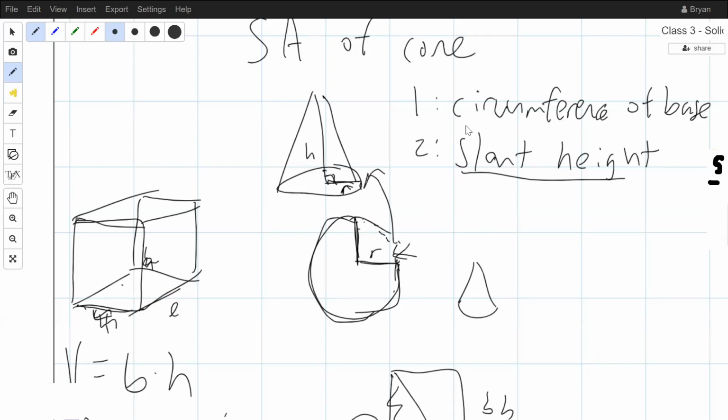After that, you use the circumference of the base to determine the angle of the sector that is missing. Then you can calculate the angle of the sector that is not missing. After that, you just use the formula for the area of a sector that I gave you in week 1 for the lateral surface area. Then you just add that to the area of the circle, and that's your total surface area.